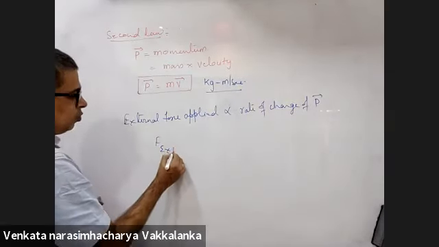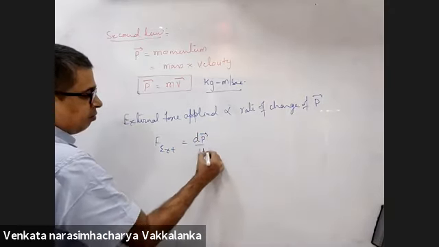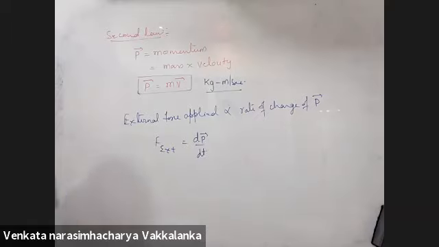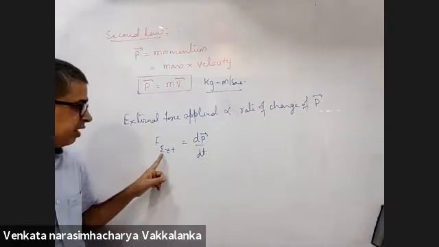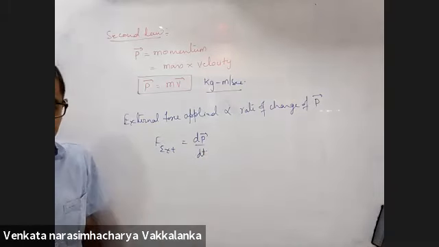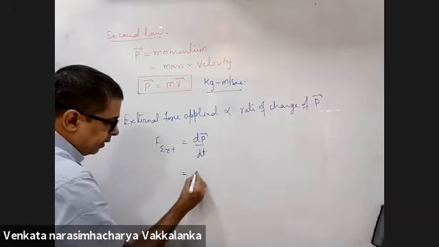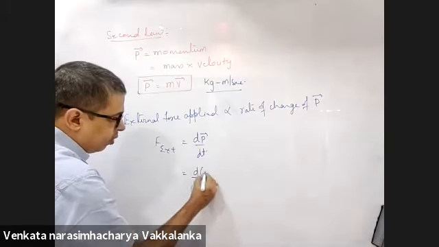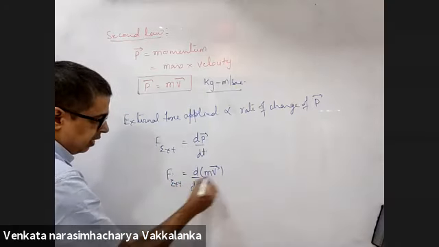Here, external force will be equal to rate of change of momentum. You write this as dp by dt. F external is the rate of change of momentum, d by dt of mv.